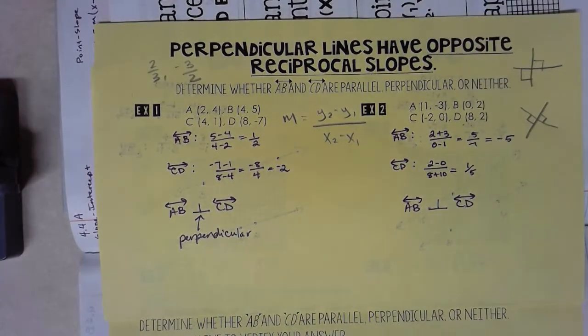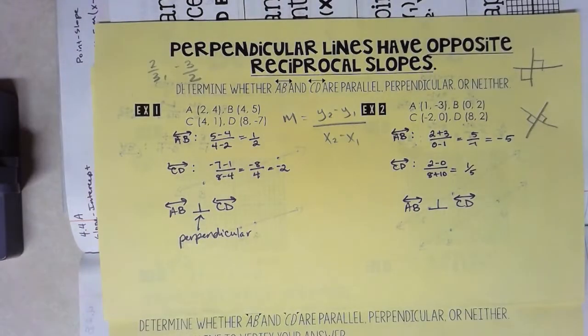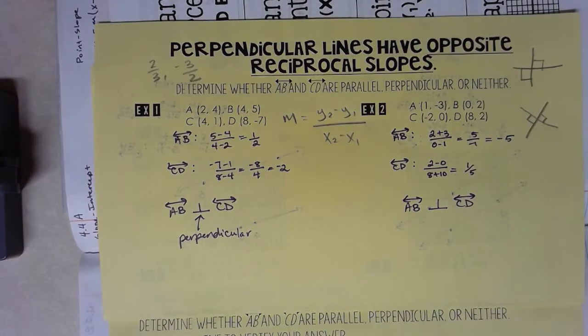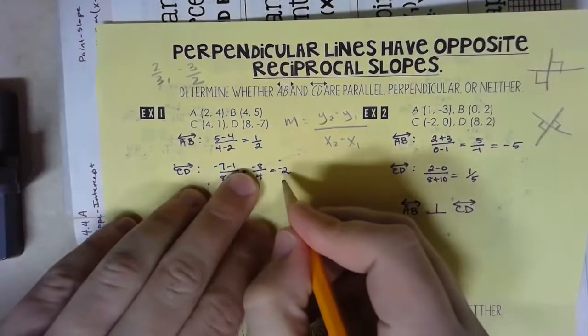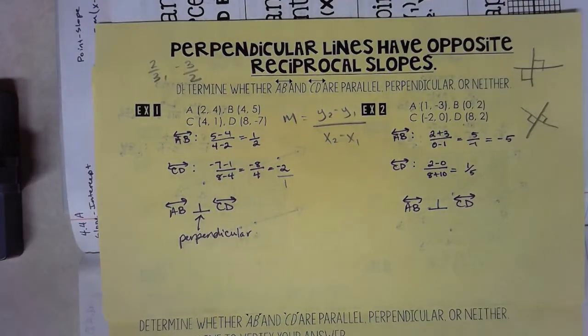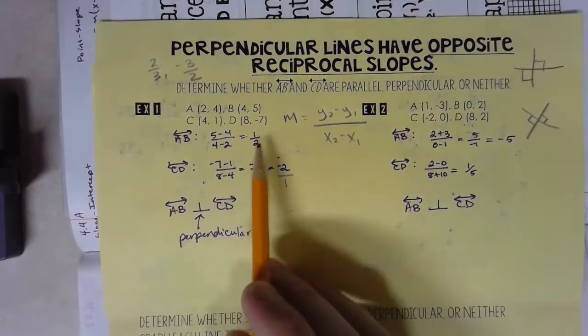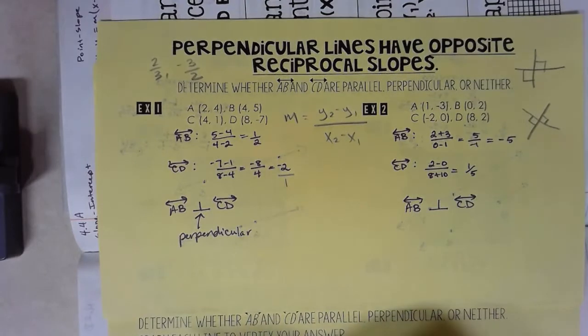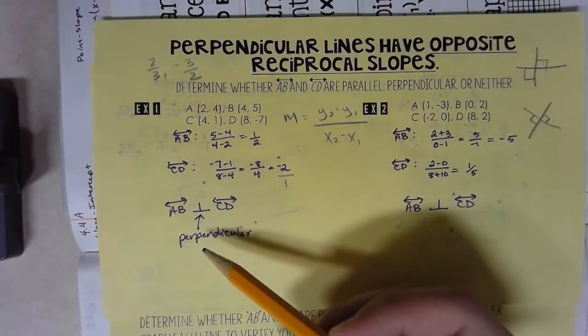So if we're looking at 1/2 and -2, they're not the same number, so these lines aren't going to be parallel. Now we need to determine if these lines can be perpendicular. Well, -2 can also be written as -2 over 1. So now if I compare 1/2 and -2, one's positive, one's negative. If I flip 1/2, it looks like 2.